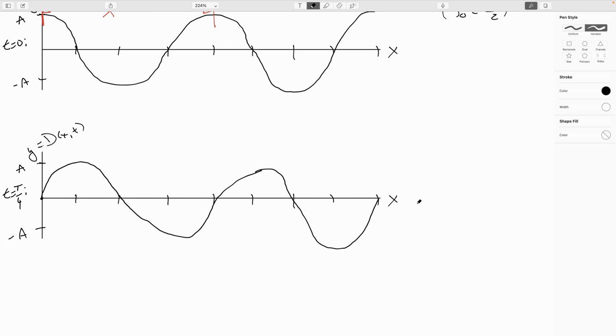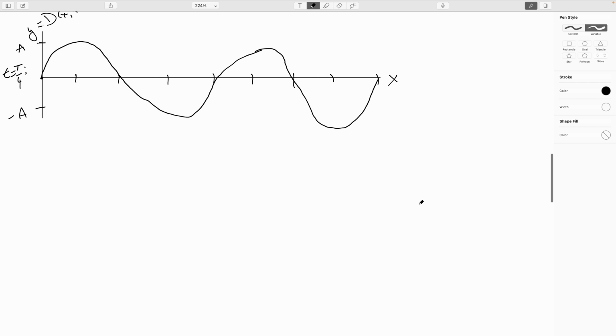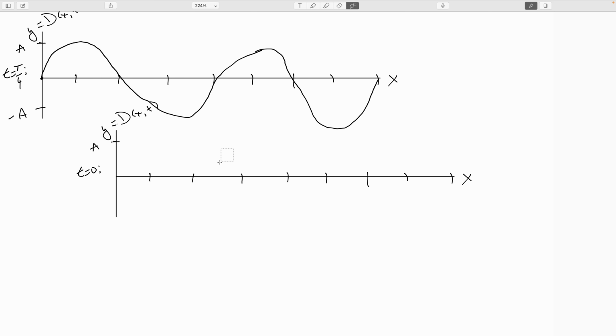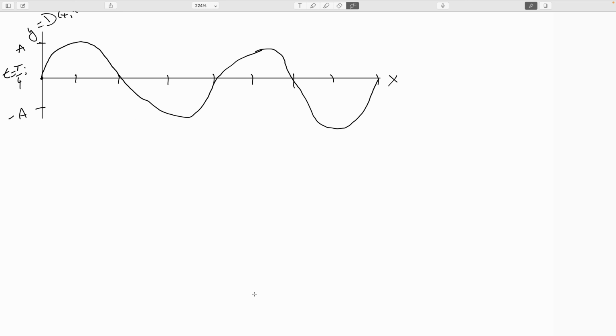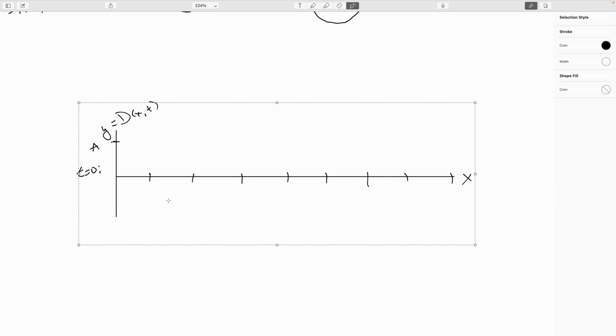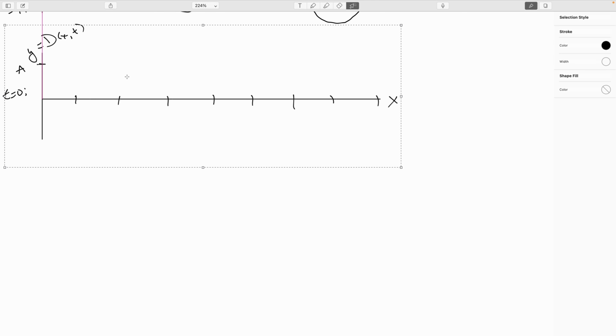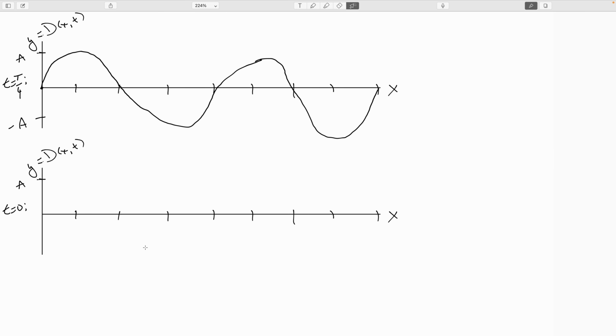Now, what if we advanced by exactly that same amount of time? So we'll go ahead and put in another one here. There we go. So now instead of it being t equals 0 or capital T over 4, we're going to call this capital T over 2.